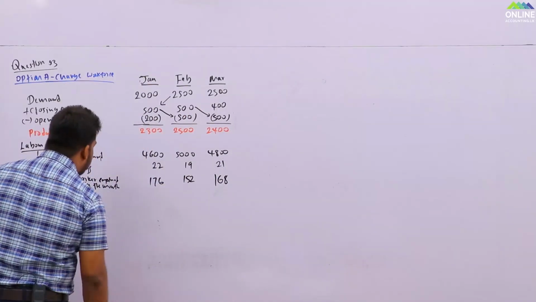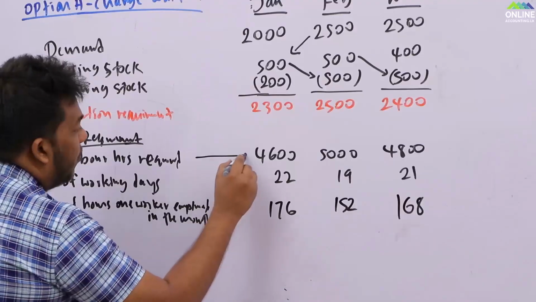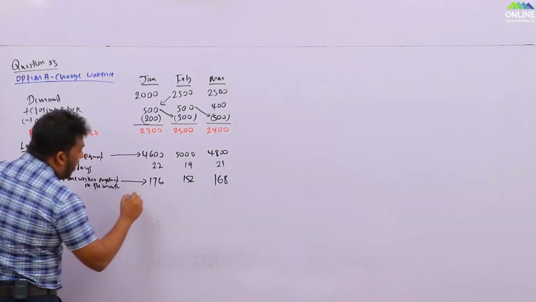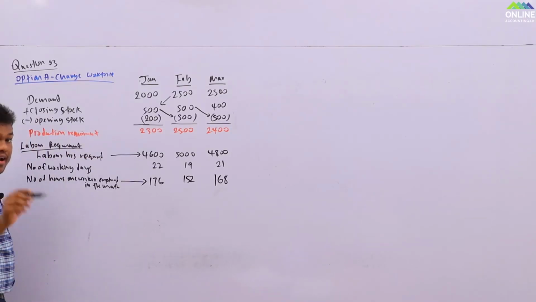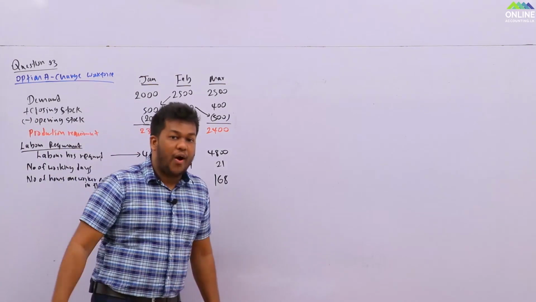This is if one worker is working. Now you need 4600 hours per month. If one worker is working, you will have 176 hours. So how many employees are needed?